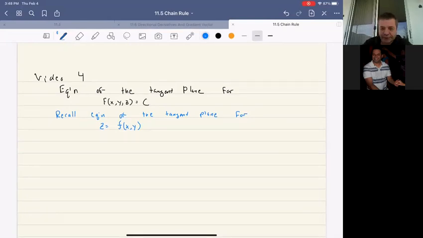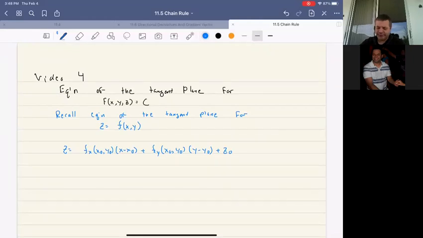We've already done it though. That was z equals f sub x at x0, y0 times x minus x0, plus f sub y at x0, y0 times y minus y0, plus z0. Okay, you remember that.